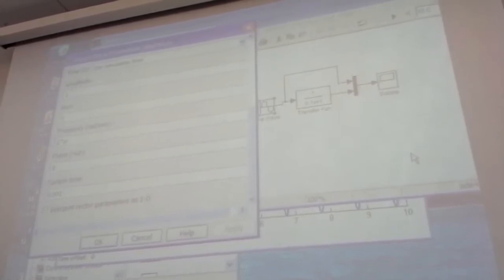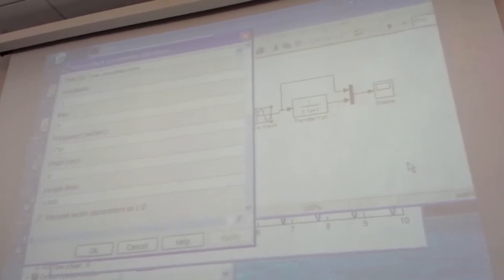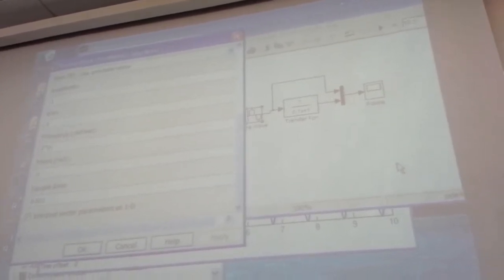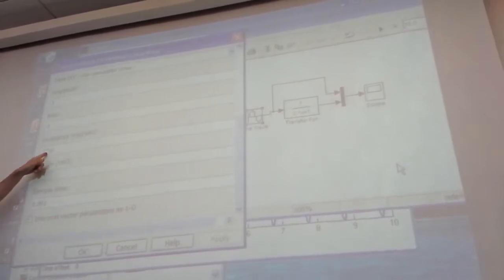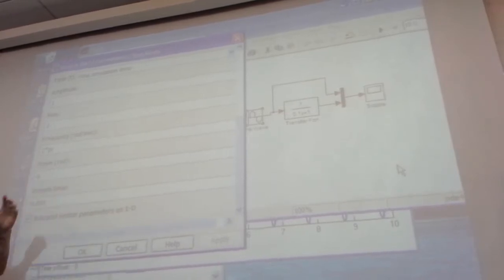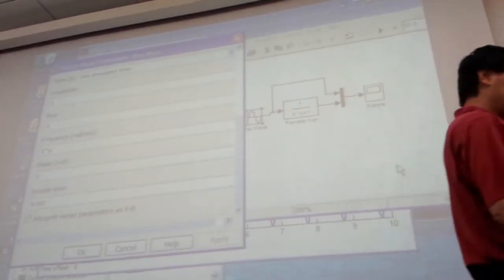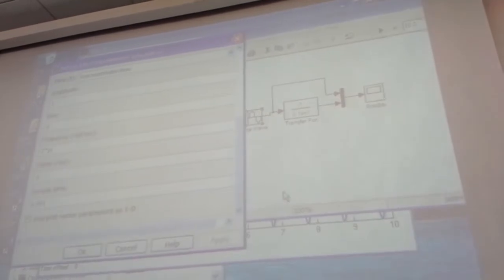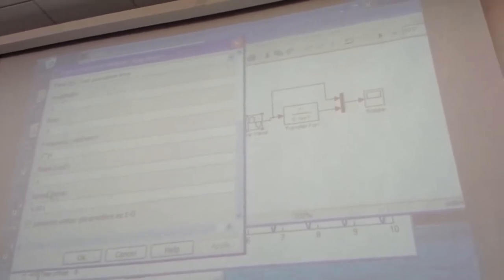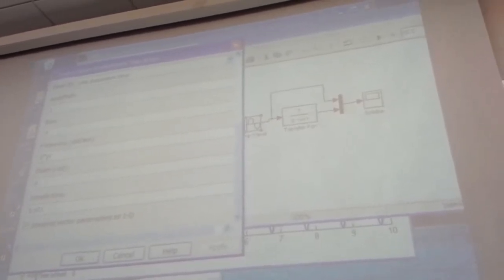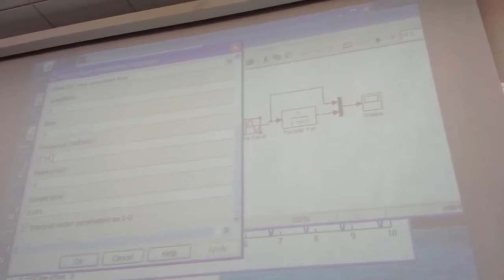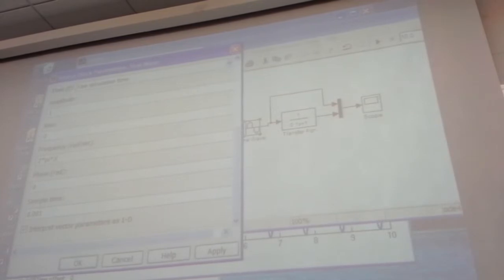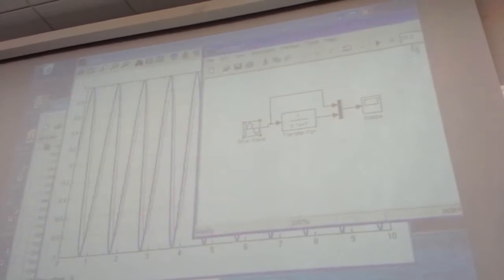It will be different. So let's quickly change this to 2 hertz and verify. I change this to times 2. Now run this.